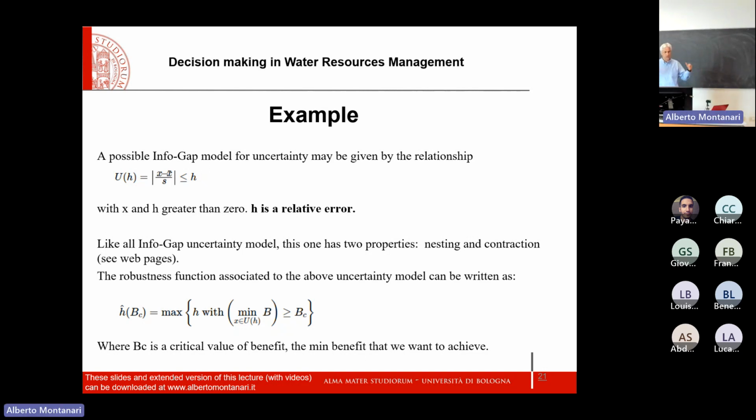So my prediction is X plus minus S. And I divide the difference between what becomes true and the best estimate by S, and I impose that this is less or equal than a value H. So if the best estimate becomes true, H is 0, independently of the S value that I fixed.